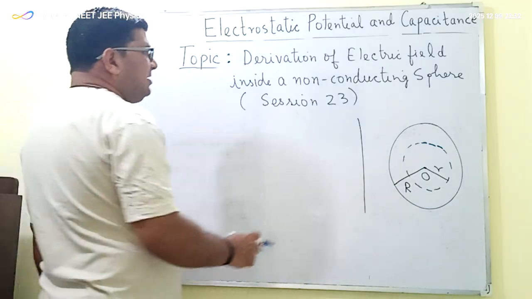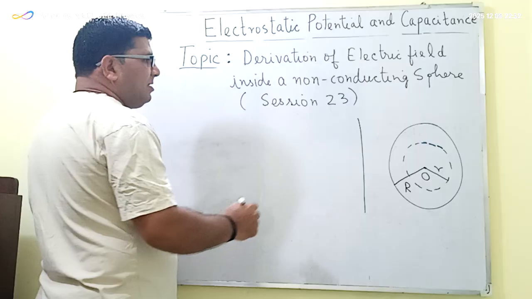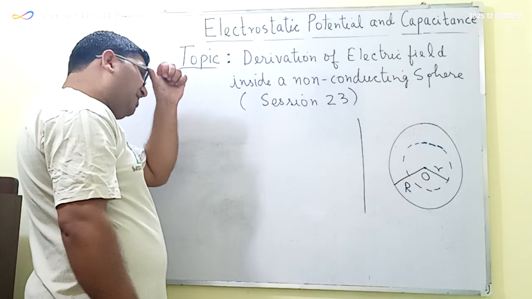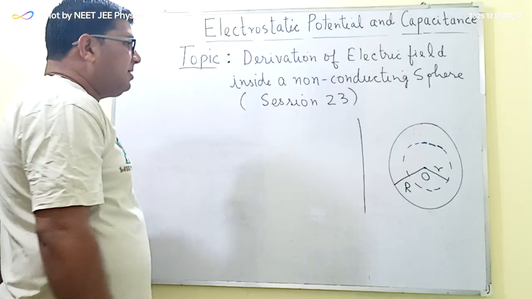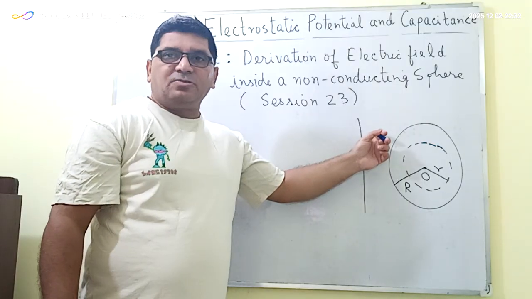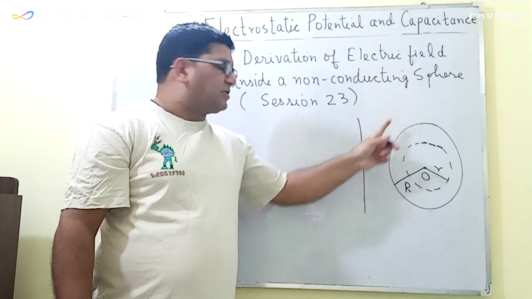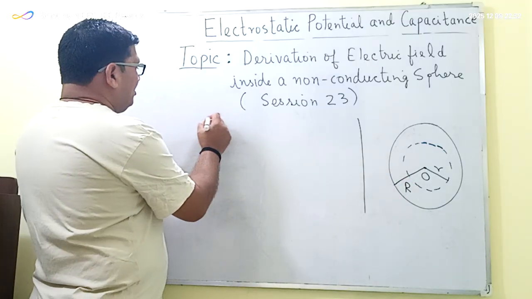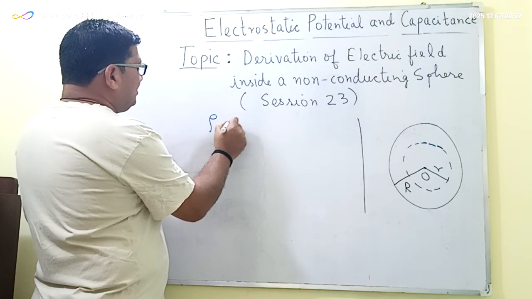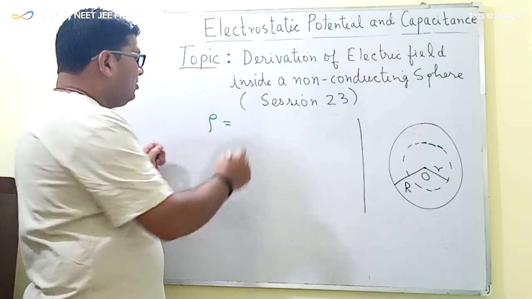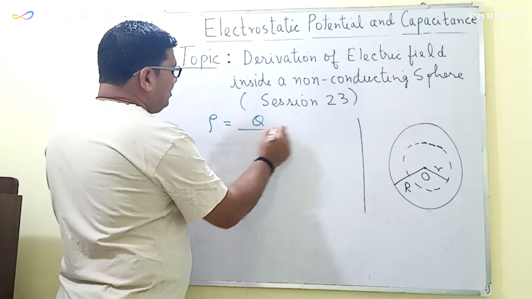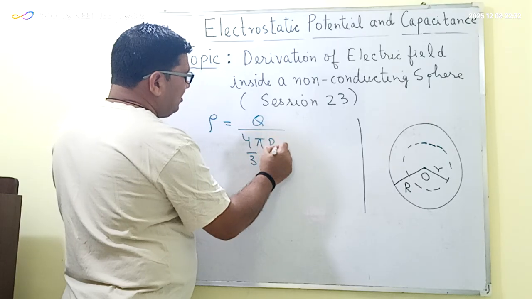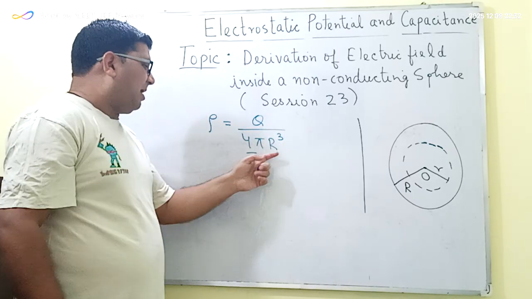In order to find the magnitude of electric field, we will first find the volumetric charge density. Let us consider that the total charge spread throughout the volume of this non-conducting sphere is Q. So the volumetric charge density rho will be equal to Q divided by 4 by 3 pi capital R cube.